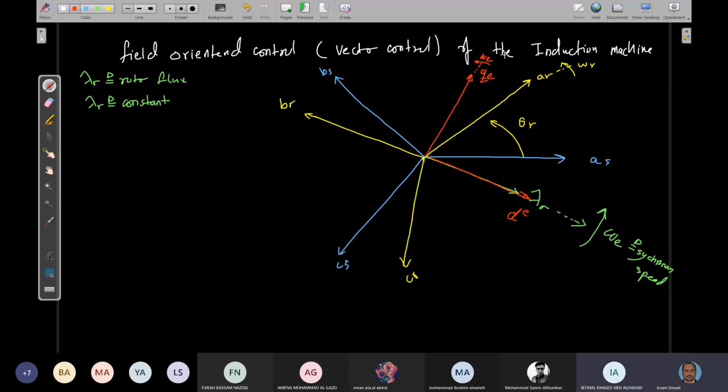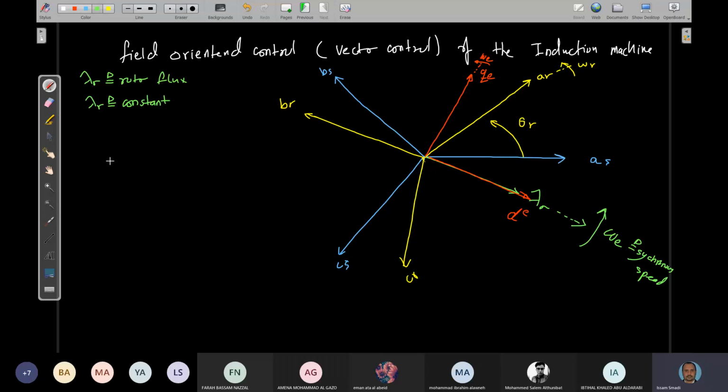Q and the E is rotating by synchronous speed. But also I'm assuming something else. I'm assuming that my dx is pointing toward the flux, toward the rotor flux. And it rotates with the same speed.